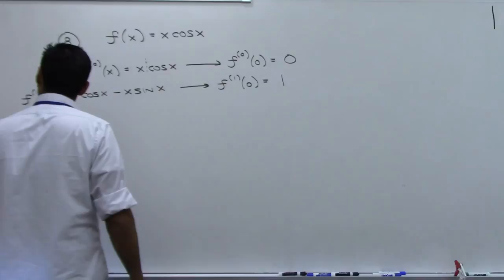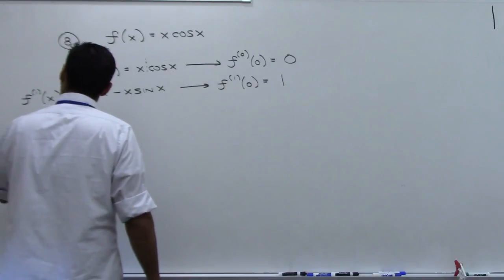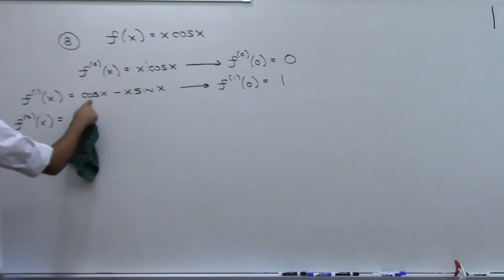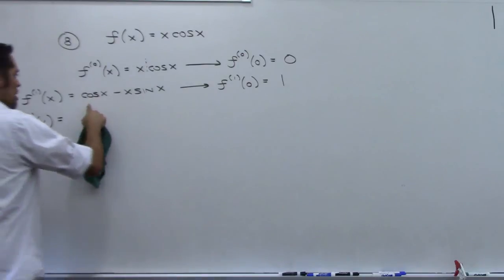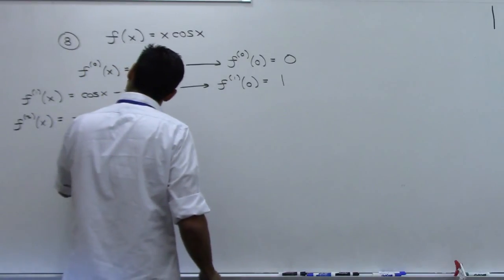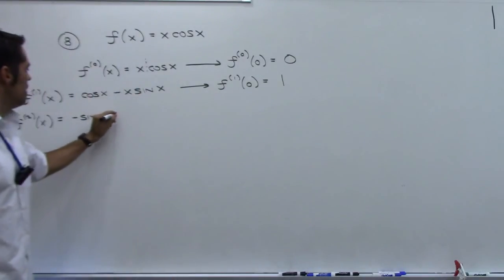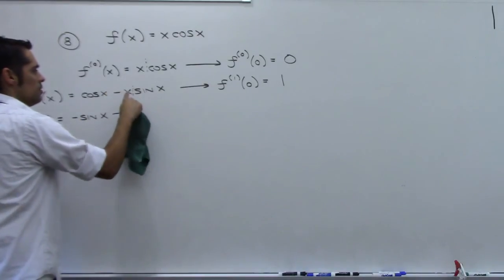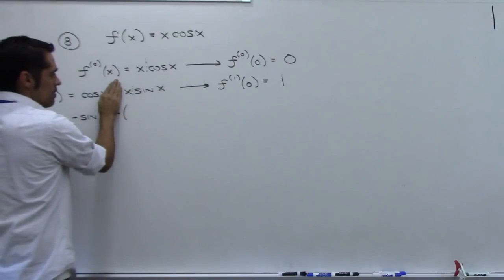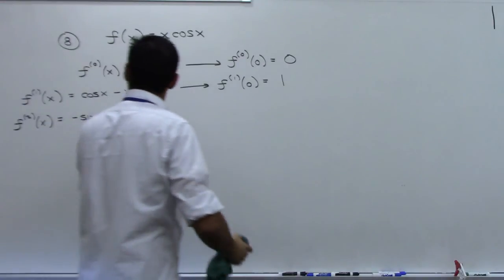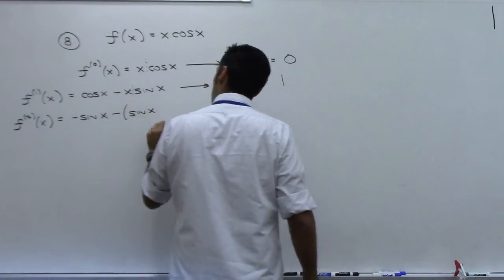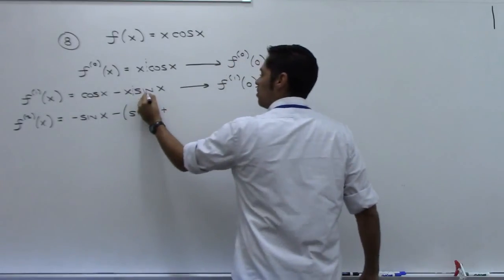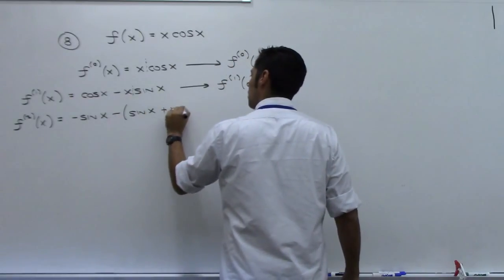Now the second derivative. These derivatives are going to start to get ugly. Okay, the derivative of cosine of x is negative sine x. And then I have minus, in parentheses, a product rule right here. So the minus I'm not looking at. The derivative of x is 1 times sine x, plus the derivative of sine x, which is cosine x, times x, so x cosine x.